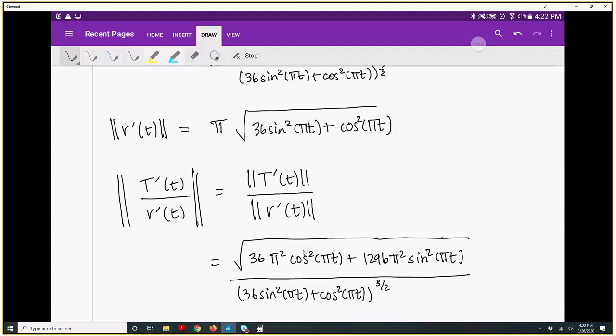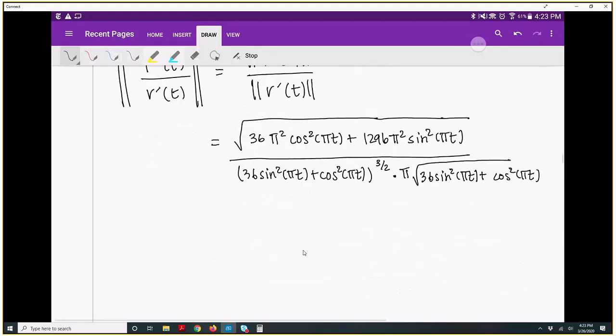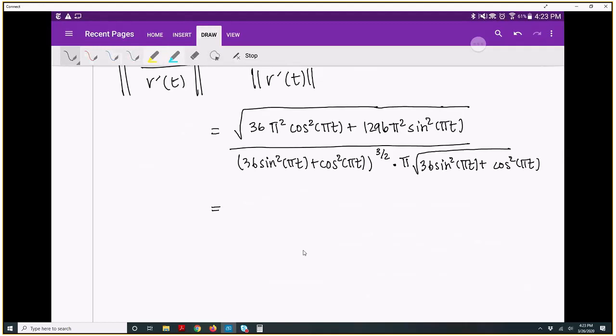But when we divide by the magnitude of R prime, we're going to have one more copy of the square root of 36 sine squared of pi t plus cosine squared of pi t. So I can simplify that.